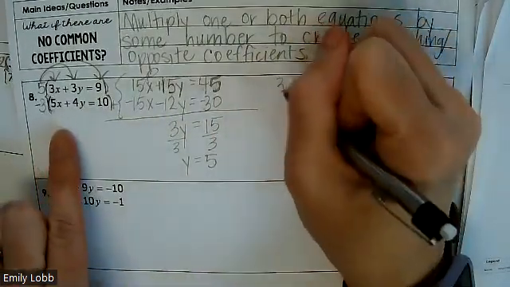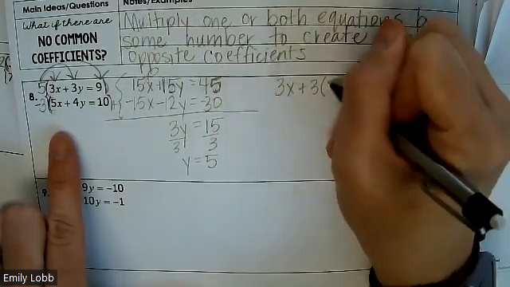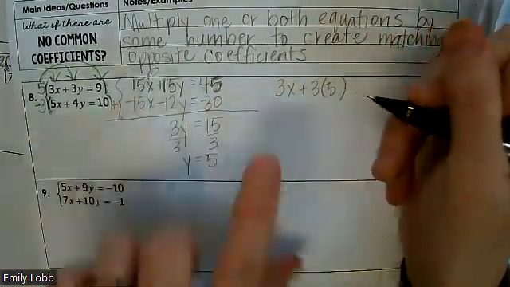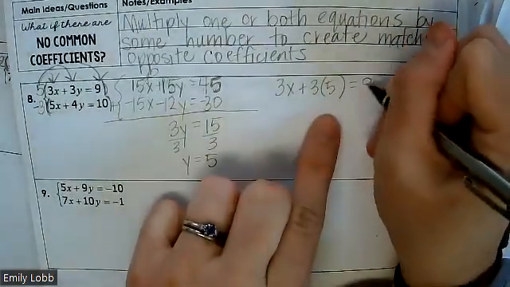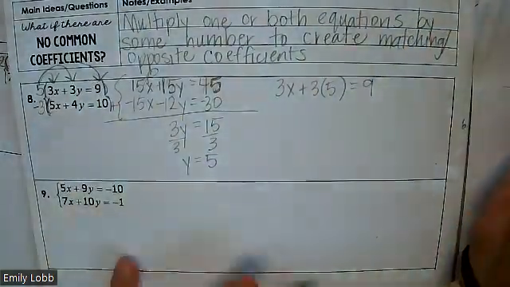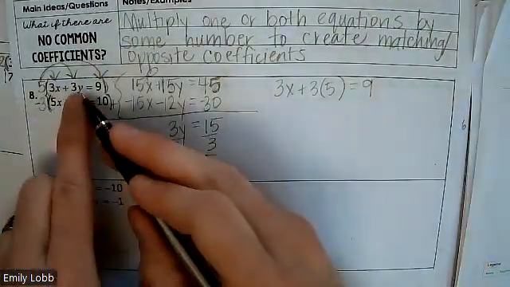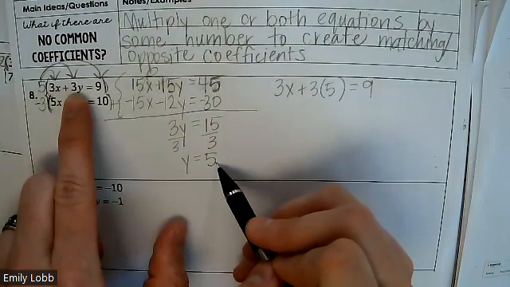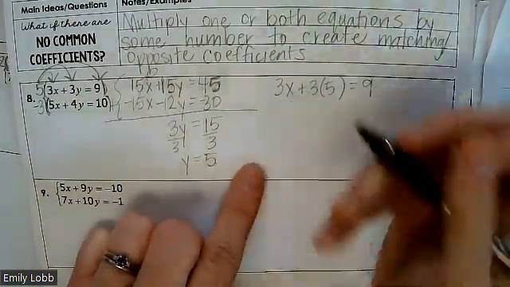Now, if I look at the top equation, I'm going to put it into the original one, not the one we multiplied by, because those are going to have bigger numbers in it. So I put parentheses in place of my y here, and then I plugged in what y equals when these two lines meet, so that I'm just left with one variable.